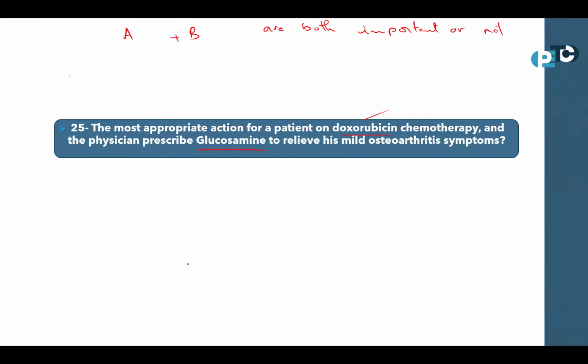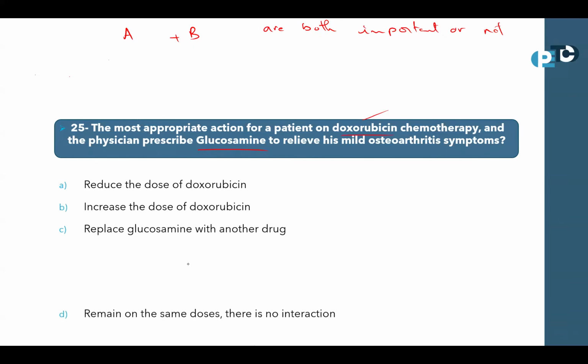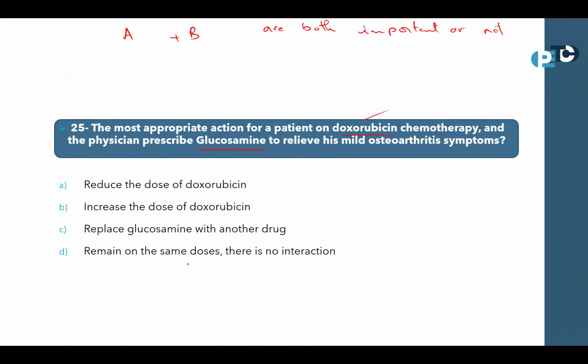Okay, glucosamine is just an adjunctive therapy, so we can replace it with another drug. Therefore, the right answer here is replace glucosamine with another drug, because it is not the main drug of osteoarthritis and we can replace it. We can use another drug which will not interact with doxorubicin.